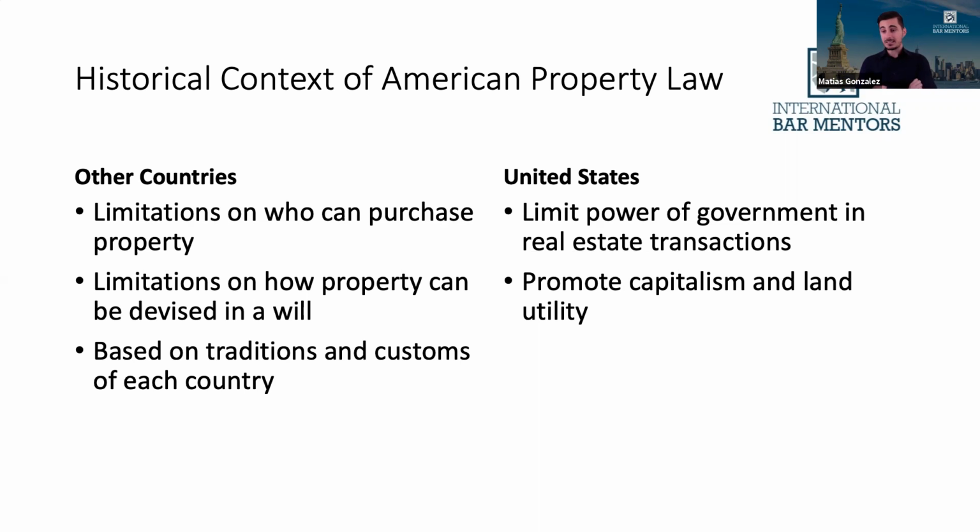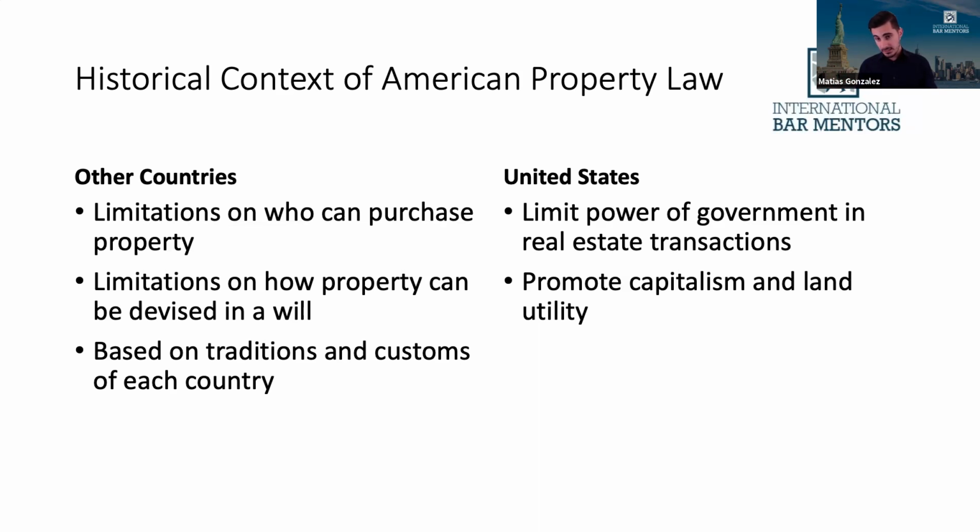In the United States, it's almost the opposite. We want to limit the laws and the rules that tell you what you can do with your property. This is mainly because the United States were originally the colonies that revolted from the king, who had a lot of absolute power on what people could do with their possessions, including their real property.